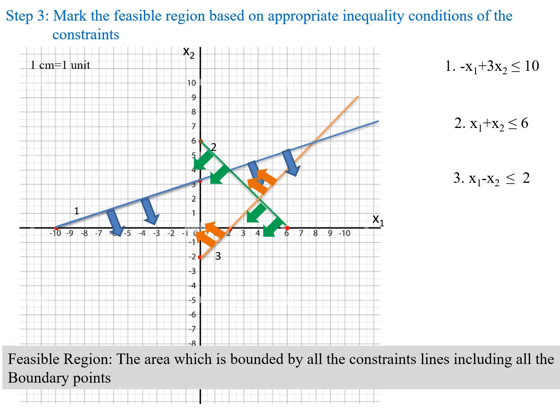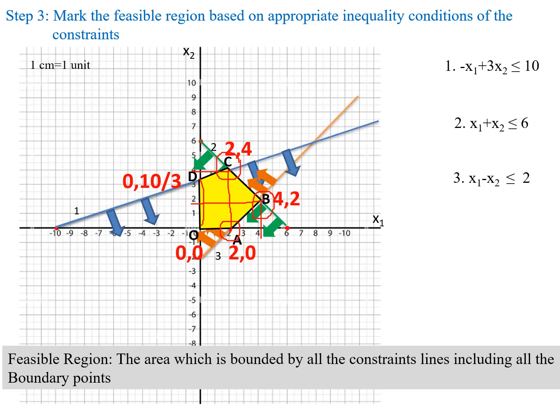This is nothing but the common area for all the constraint regions. Here OABCD is the feasible region and the coordinates are 0, 0 for O, 2, 0 for A, 4, 2 for B, 2, 4 for C, and 0, 10/3 for D.